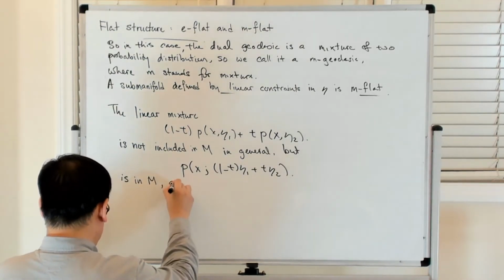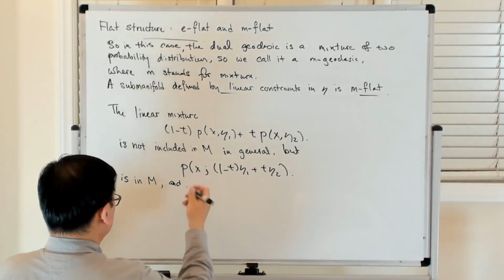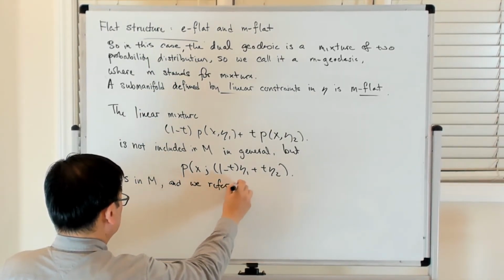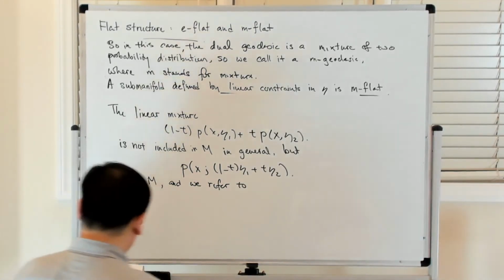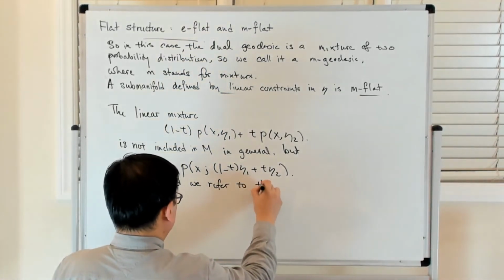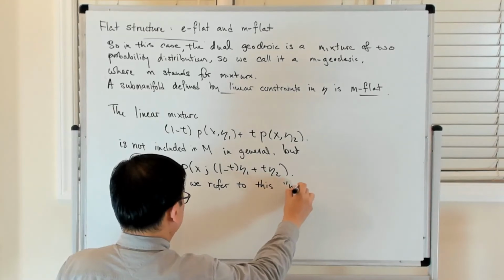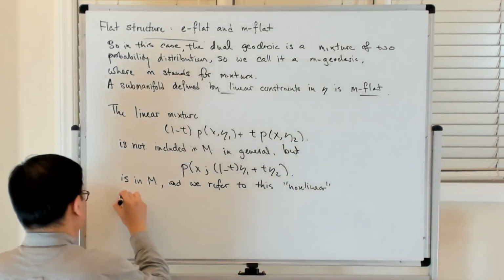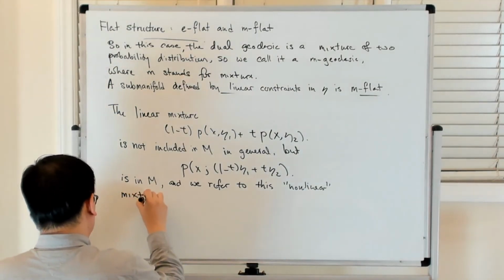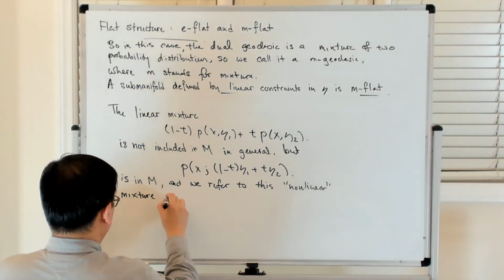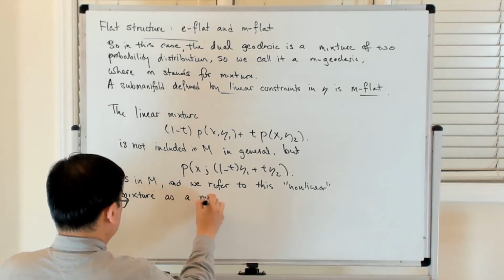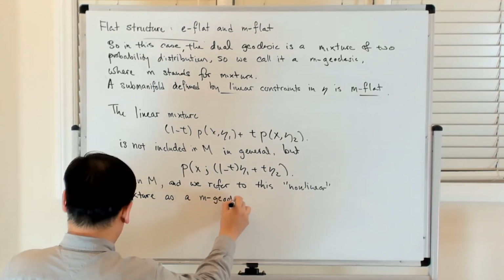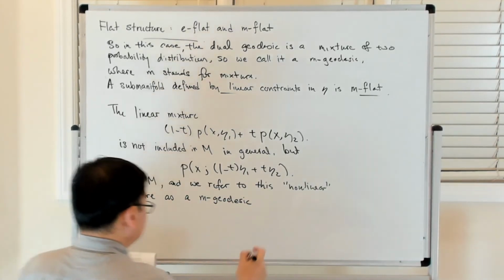And we refer to this nonlinear mixture as an M geodesic, even in this case.